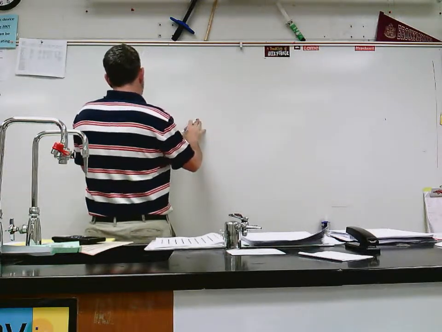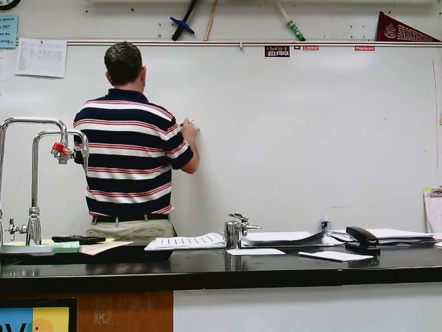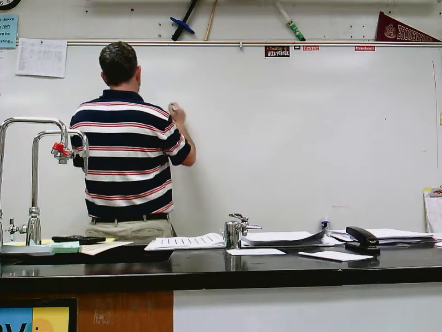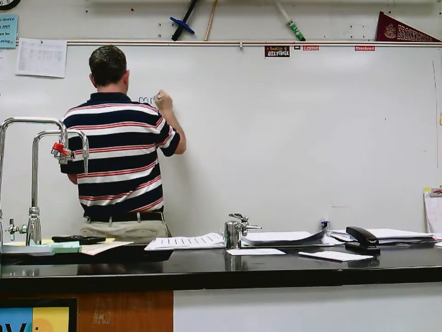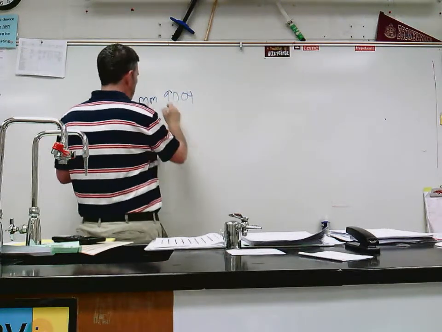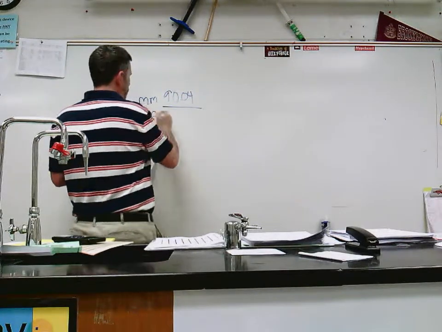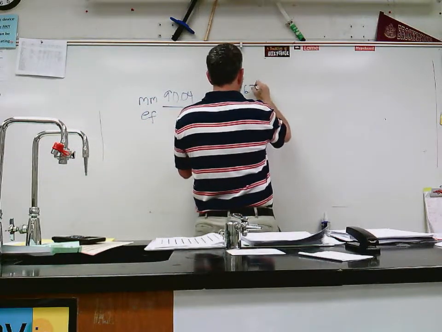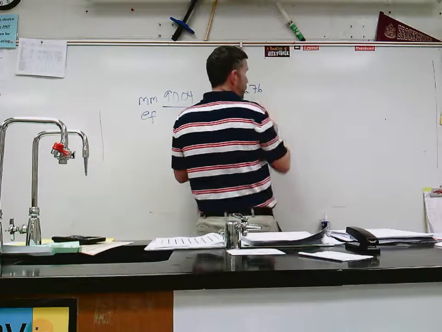So the first thing they want is for us to determine the empirical formula, and then from there we can determine the molecular formula. They've told us that the molecular mass is 90.04. We're going to divide this by our empirical formula mass, but first we have to figure out what that is. We have 26.76. I'm going to spare you the percentage.